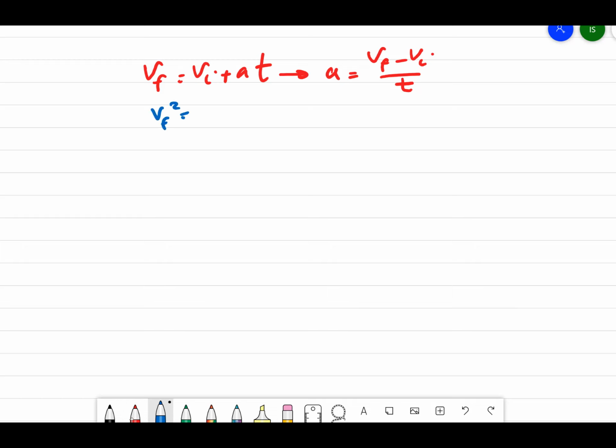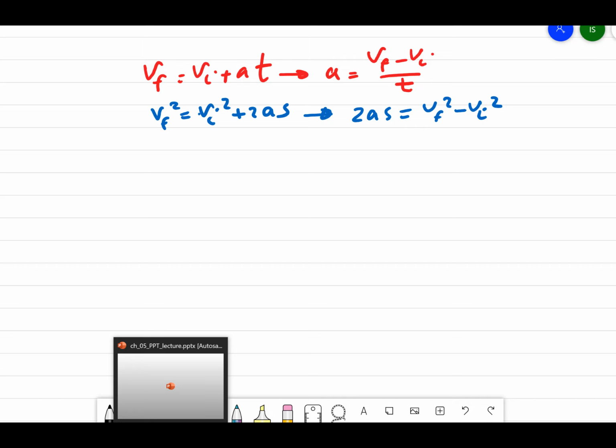Another one, v final squared equals v initial squared plus 2as. v final is the final speed, v initial the initial speed, s is the distance or displacement. Or you can write it as 2as equals v final squared minus v initial squared.